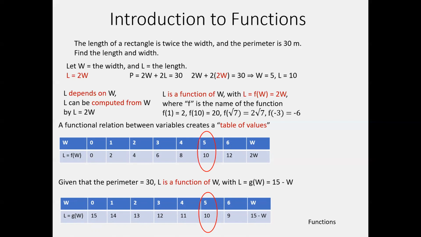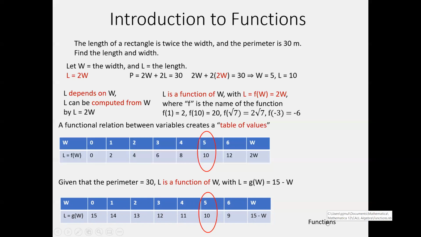That's ultimately what the algebra has allowed us to do. We don't need to hunt through the tables of values in these functional relationships. The algebra shows us how to do this with the substitution method. We find this pair of values, this width and length, that makes both functions true.